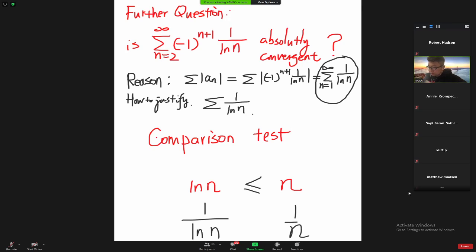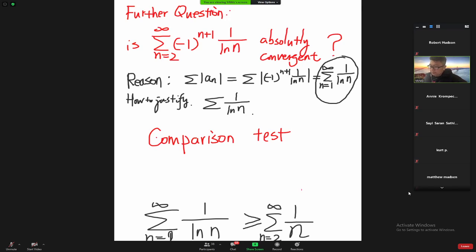So which one is bigger? The left, right? The left or the right? Left. Okay, so this is true for everything. So I'm going to take a summation. That still works, right? You agree?